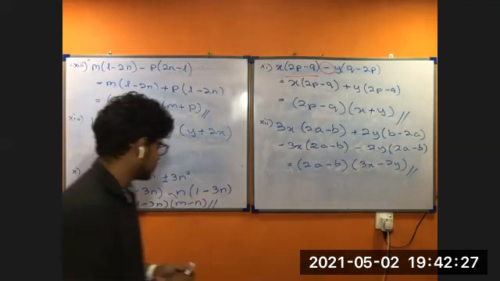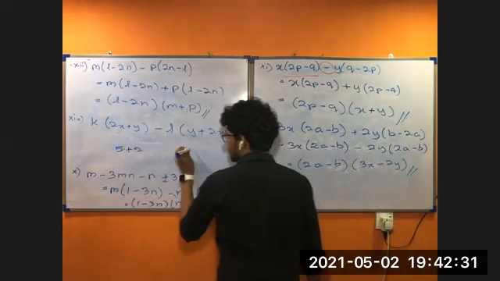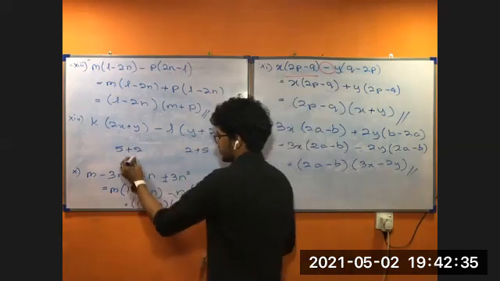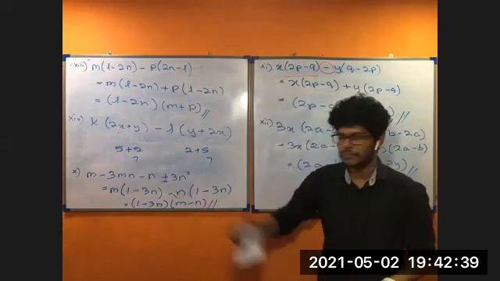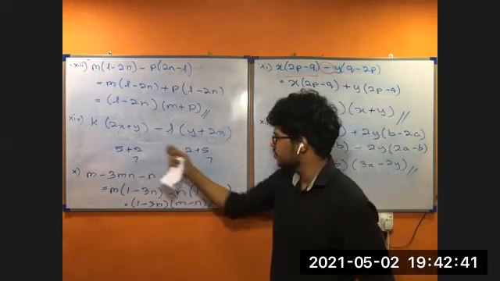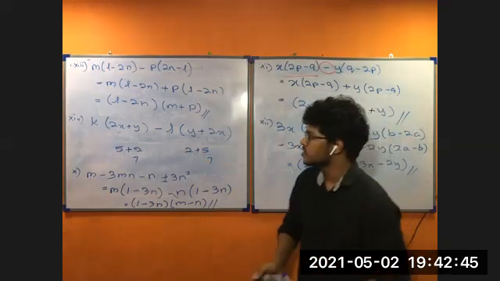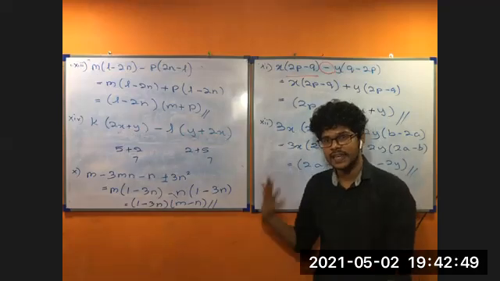I mean, if I say 5 plus 2, and here I say 2 plus 5, 5 plus 2 is 7, right? 2 plus 5 is 7. So both are the same, right? Even if I say 5 plus 2 or 2 plus 5, ultimately I'm going to get the same answer. So 2x plus y and y plus 2x are the same, right?